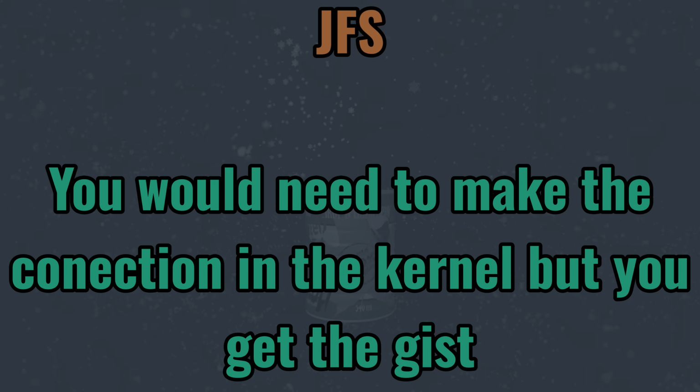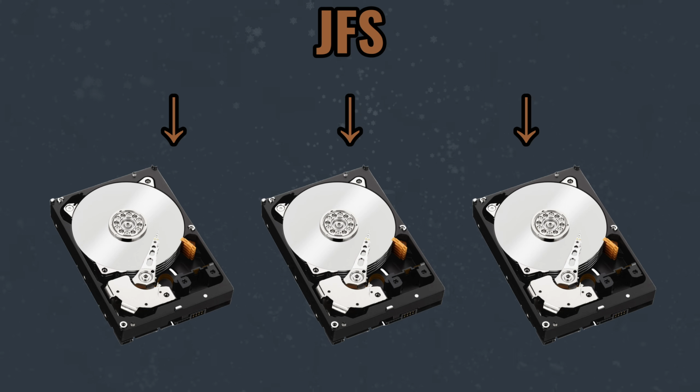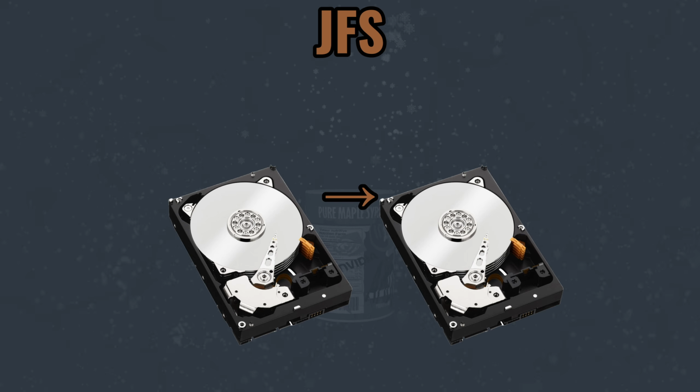So with that in mind, the devs made it so that you could have one journal for multiple file systems, or you could have one journal that is outside of your given file system or outside of your hard drive. So the journal code is really flexible and you can pretty much do whatever you want with it. It's interesting to see that most people don't even know that feature and just use EXT3 normally.